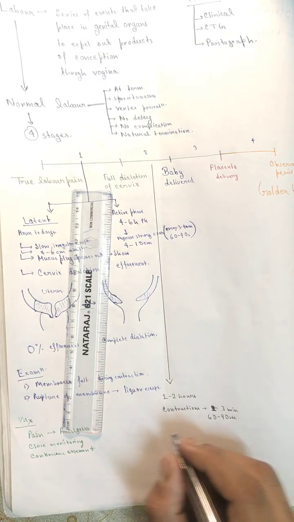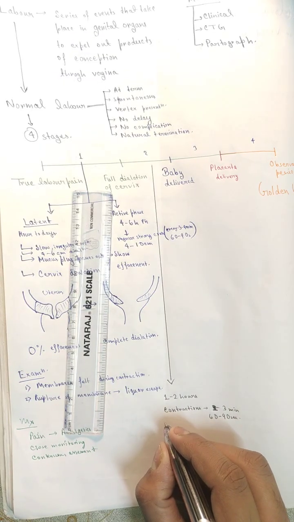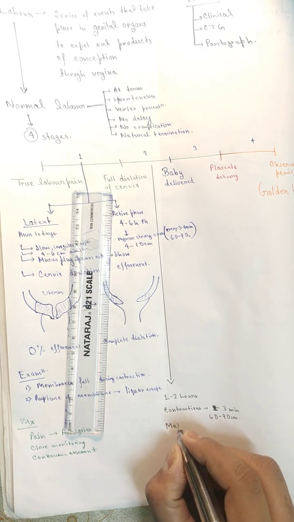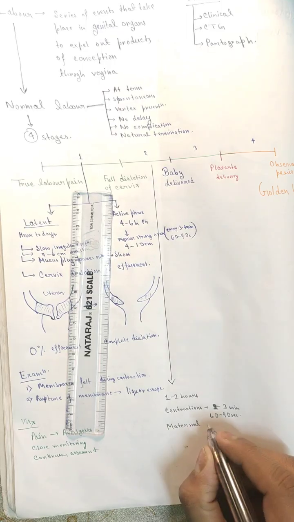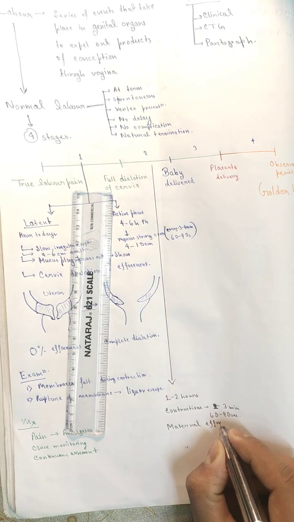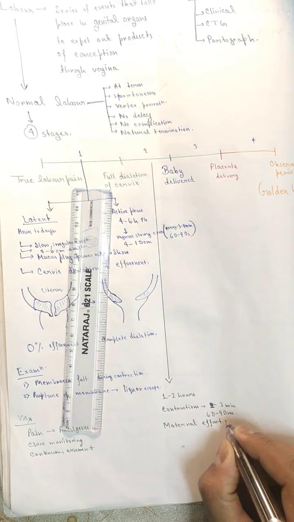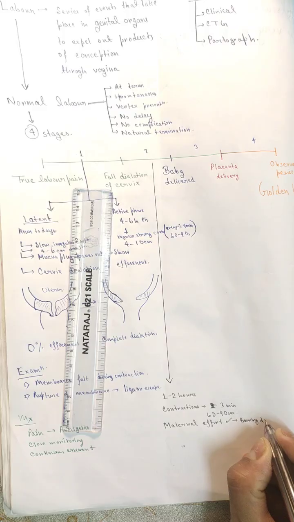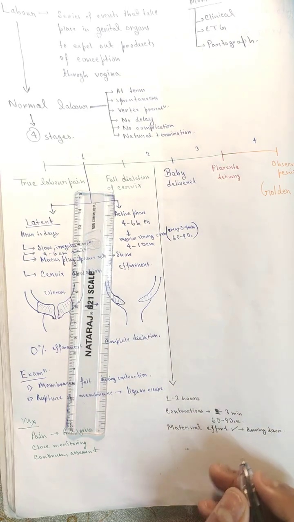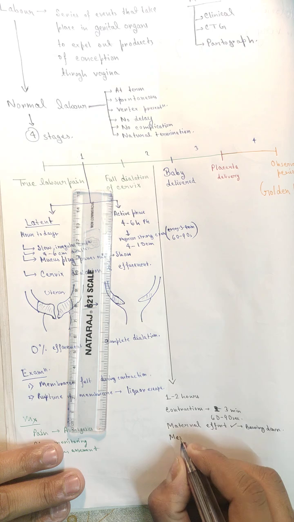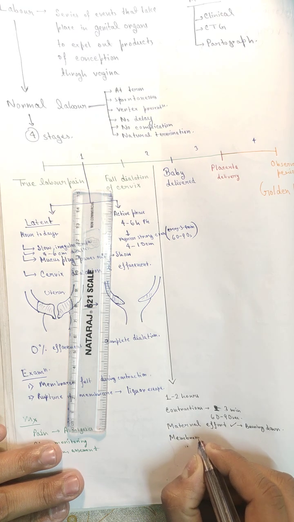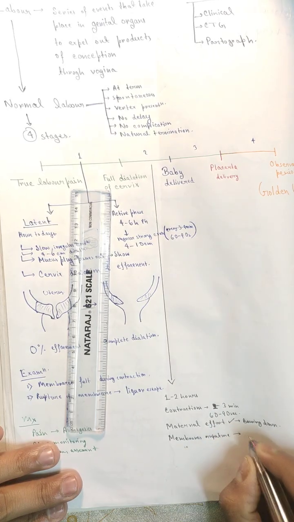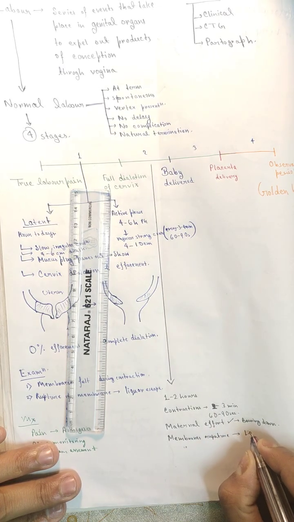More stronger, more powerful. Maternal effort, voluntary effort is seen. It is called bearing down. Membranes get ruptured, so liquor comes out of vagina.